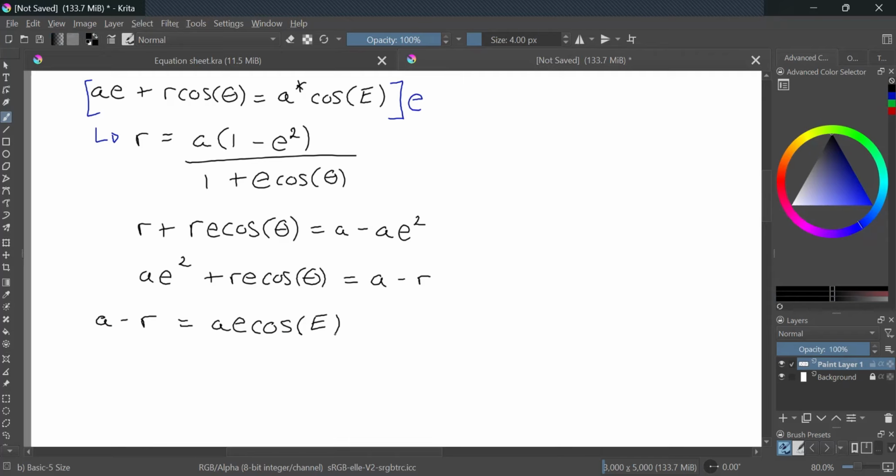And when we solve for r, when we solve for radius, we get our semi-major axis times 1 minus the eccentricity times cosine of the eccentric anomaly angle. Give me a second. Because I double negative myself, I psych myself out.